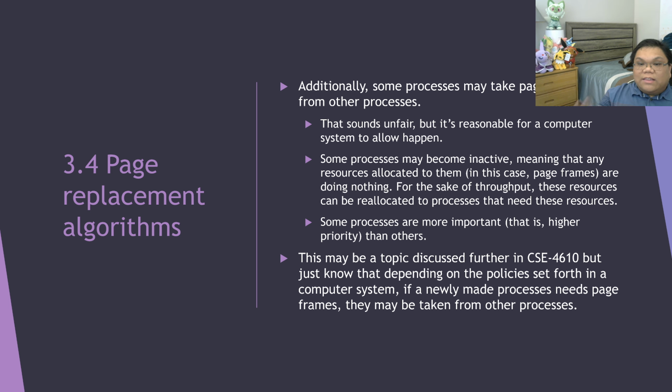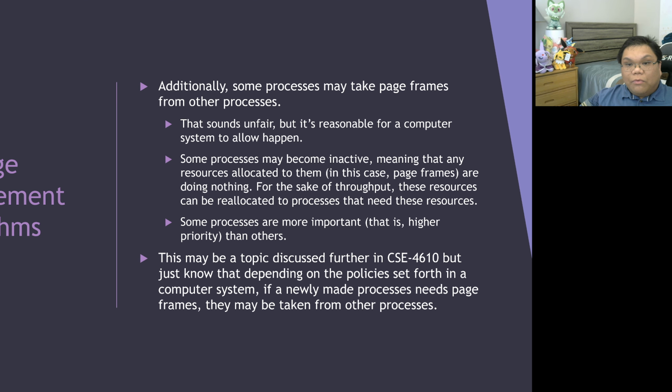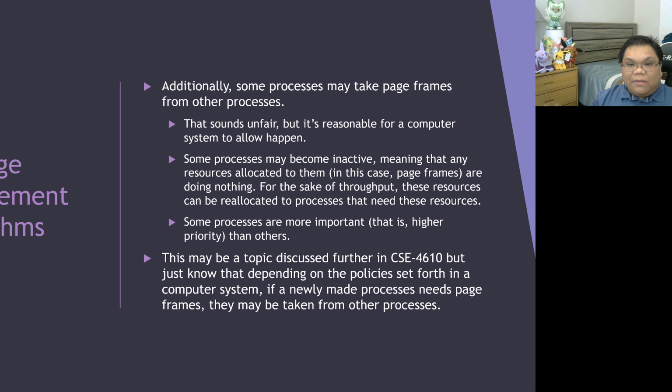Additionally, and these are considerations that may be brought up in CSE-4610 that we're just gonna brush off here for now, I'm just gonna give you the Cliff Notes version. Basically, depending on the policies on a computer system, some processes may take page frames from other processes. This sounds unfair, but it is perfectly reasonable for a computer system to allow.